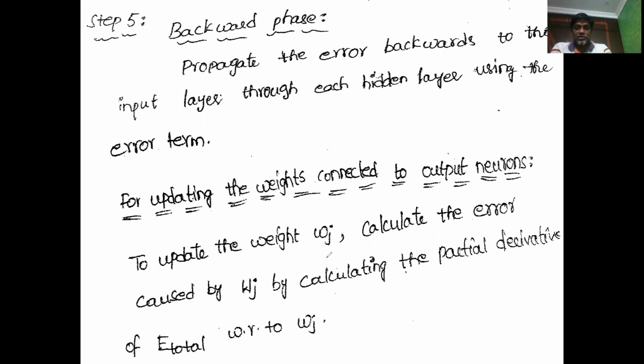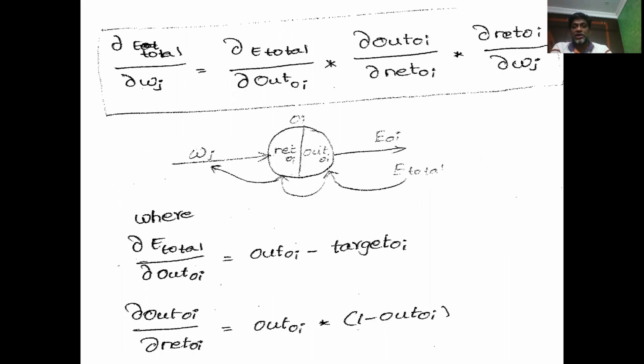Suppose Wj is the weight connected to some output neuron J. We already calculated the error term caused by this Wj in the previous step. The output neuron already produced some error. We calculated it, right? With respect to this weight and error term, how do you actually calculate the update?